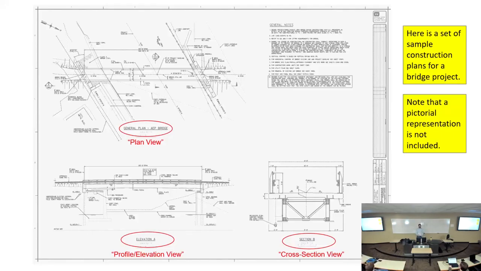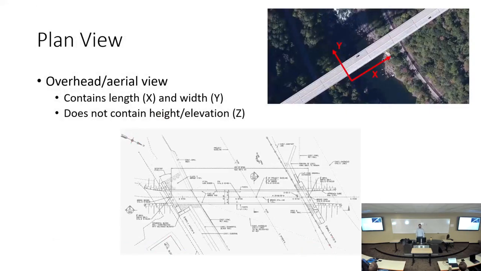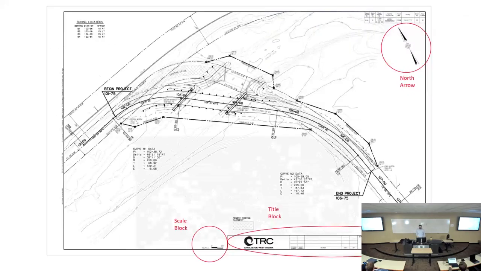A plan view, the idea behind a plan view is, imagine being in the helicopter looking down, okay? So what are you going to see? You're going to see the road. And so the idea is that a plan view will contain the length of the project, the width of the project, but a plan view does not contain elevation. It does not contain information up and down with the direction of the earth, okay?